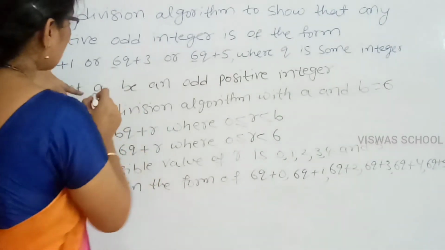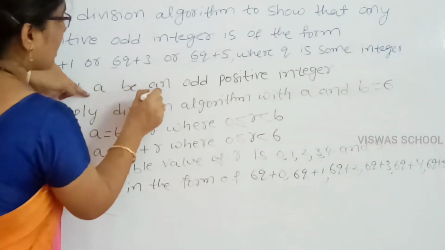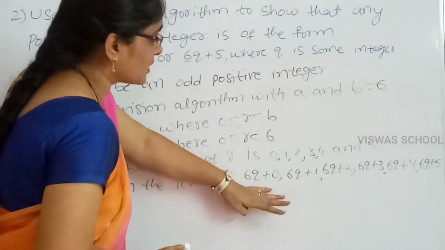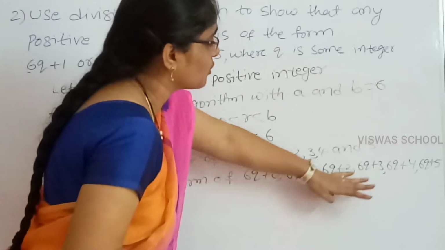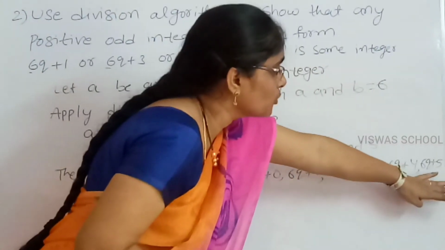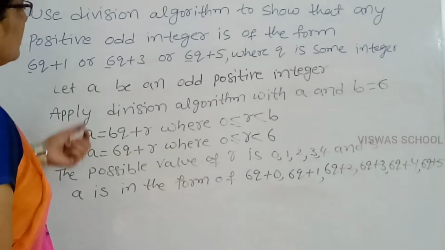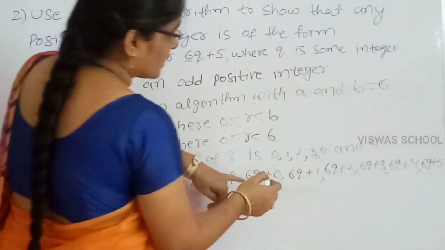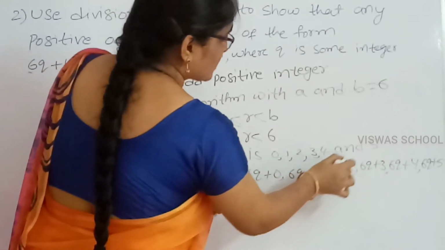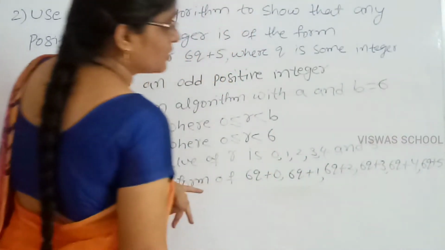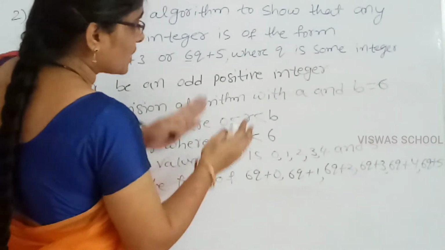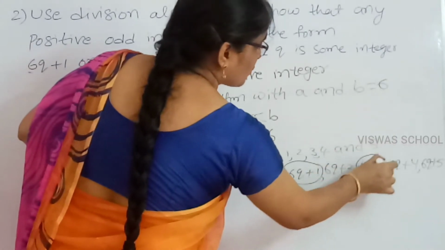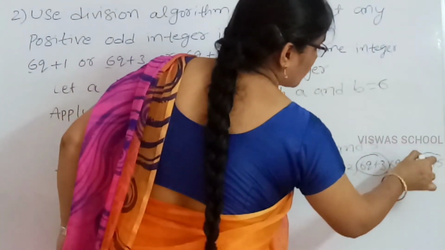But what is our a here? a is an odd positive integer. But here a values are 6q, 6q plus 1, 6q plus 2, 6q plus 3, 6q plus 4, 6q plus 5. Here what are the odd numbers? Odd numbers are 6q plus 1, 6q plus 3 and 6q plus 5.